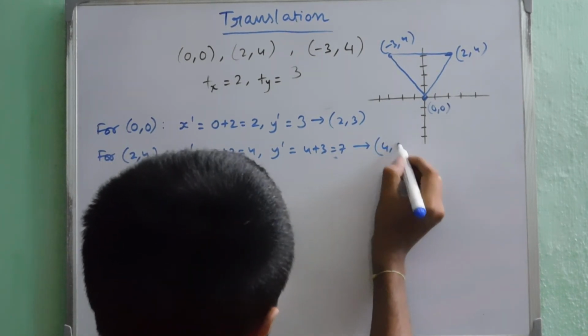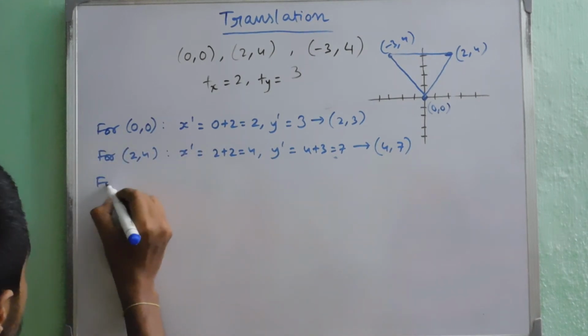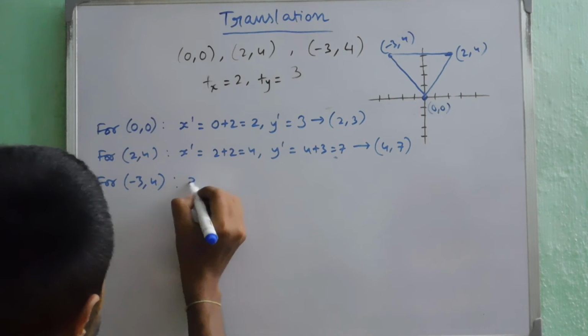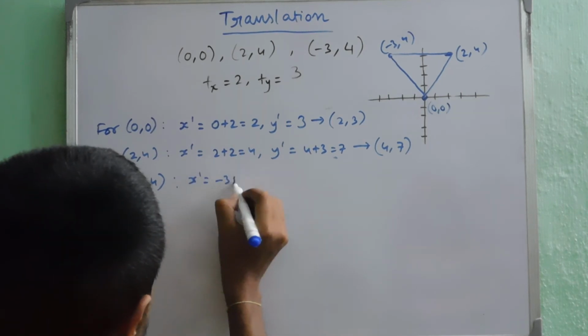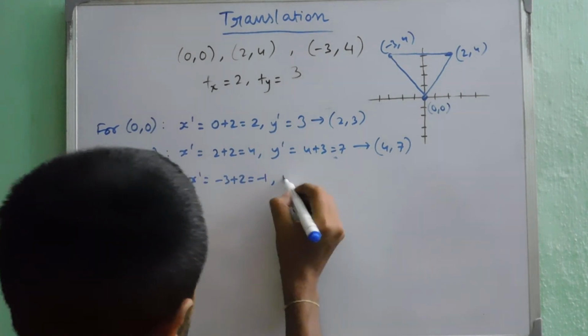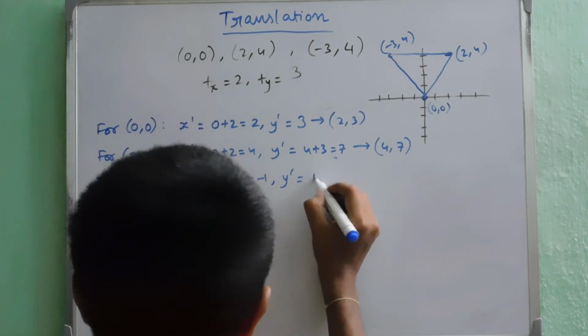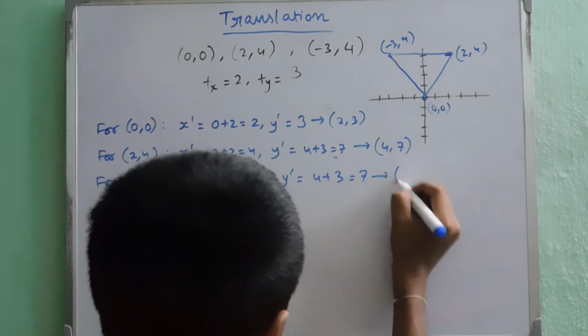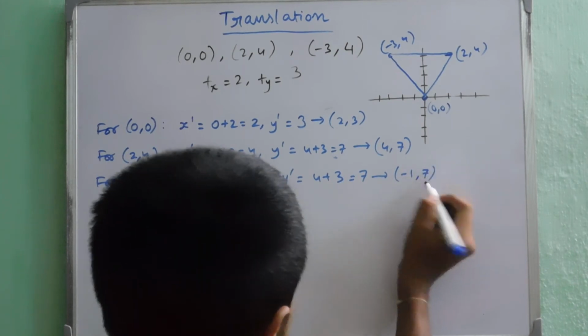That means 4 comma 7. And for the final coordinate, minus 3 comma 4, we have x dash equals minus 3 plus 2, that is minus 1, and y dash equals 4 plus 3, that is 7. So it's minus 1 comma 7.